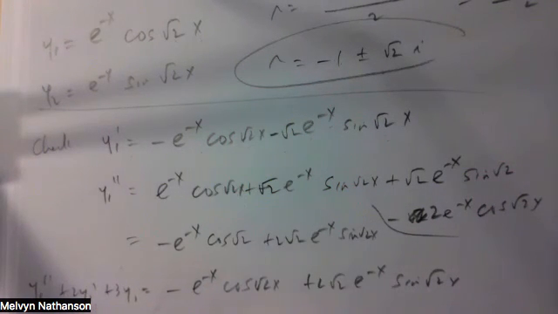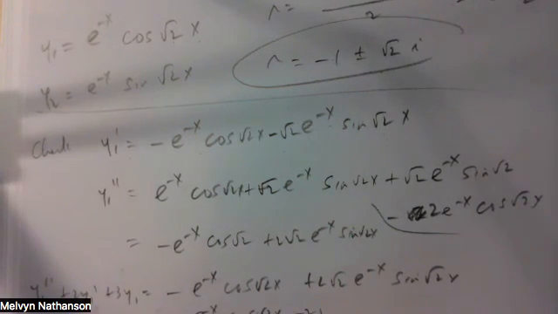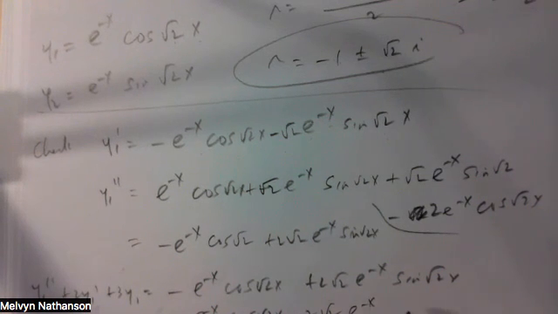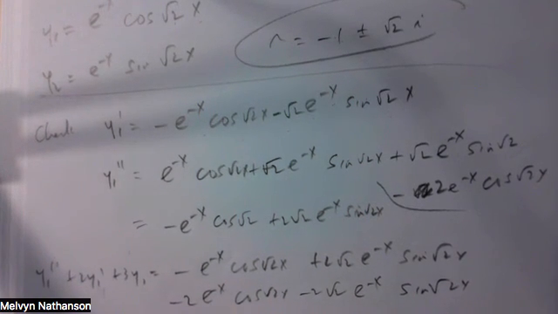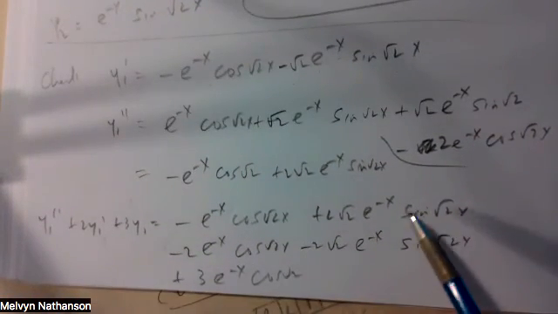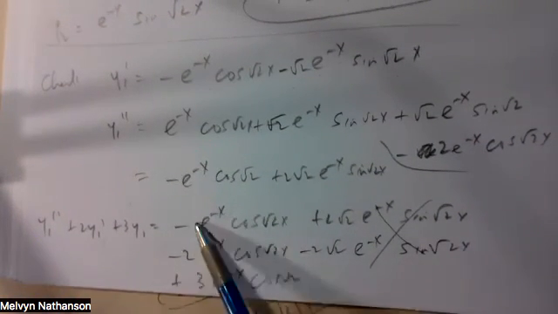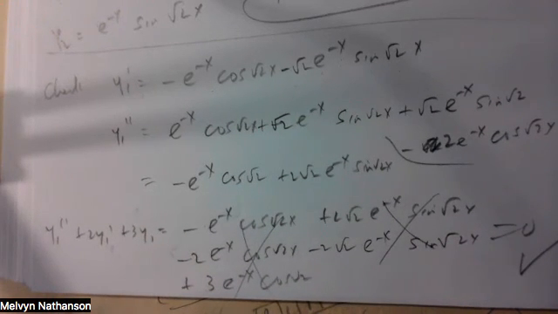So 2 times this is minus 2 e to the minus x cosine root 2x minus 2 root 2 e to the minus x sine root 2x, plus 3y1. y1 was e to the minus x cosine root 2x, so plus 3 e to the minus x cosine root 2x. And we see these terms cancel. Minus 1 minus 2 is minus 3 plus 3 is 0. So those cancel and we get 0. So that checks.